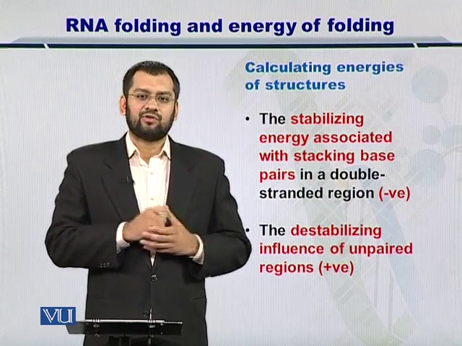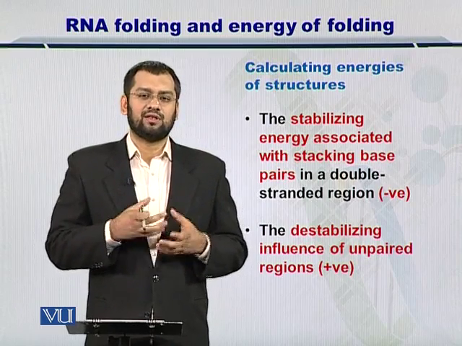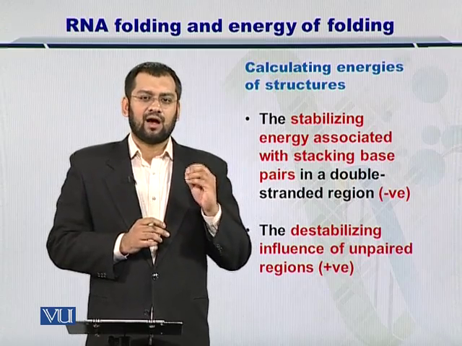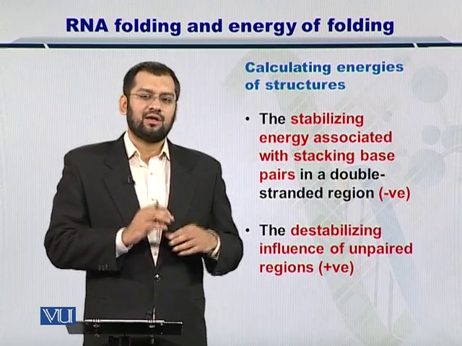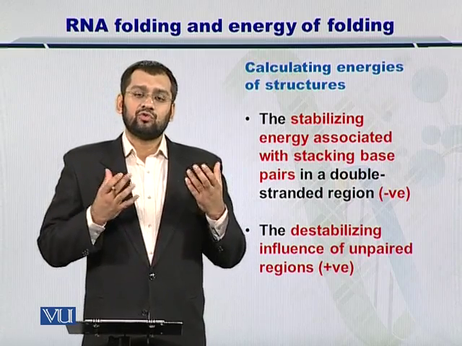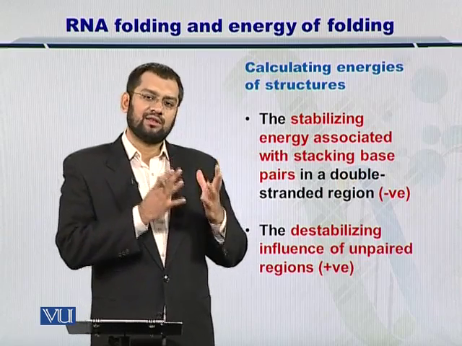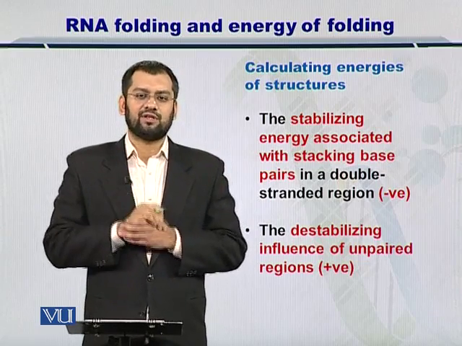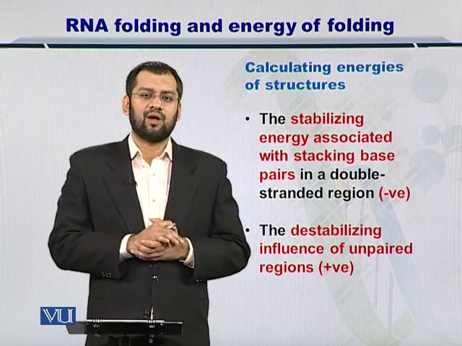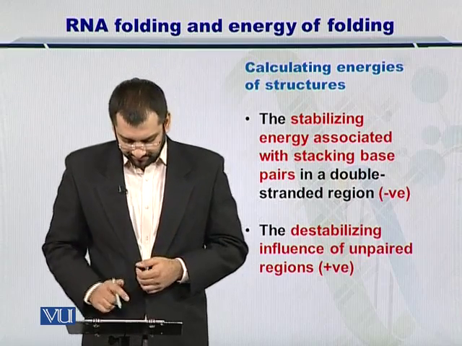However, as a result of folding, if there is some instability that is introduced within the structure, we call it the positive energy. However, it adds towards the destabilization of the RNA molecule. So to look at an RNA structure, all you have to do is look at the negative energies and the positive energies, sum them up, and if you arrive at a stable molecule, then that's your structure.